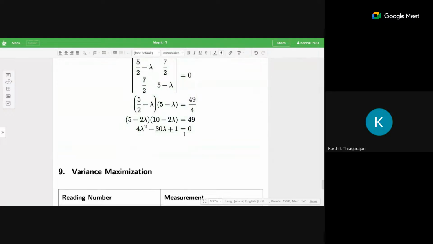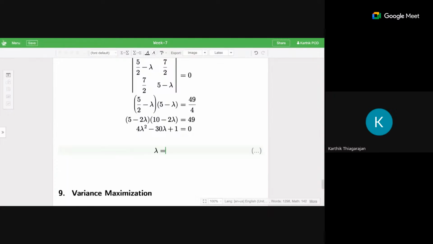So what will be the roots? We should get both as positive, non-negative. That is for sure. So it is 30 plus or minus square root of 900 minus 16, by 8.